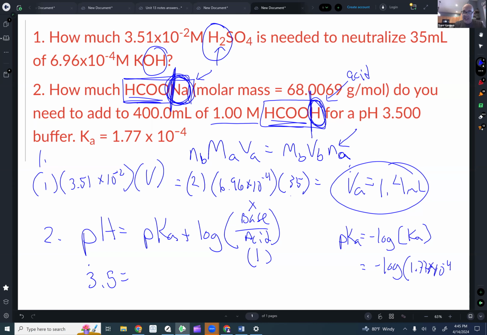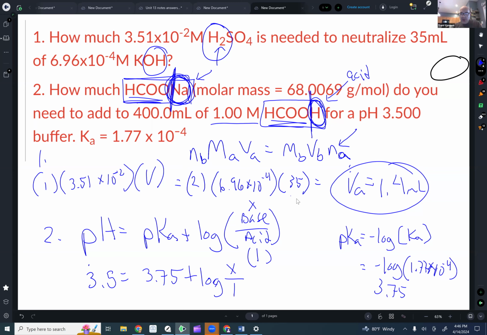And what you're going to get there is 3.75 as our pKa. And then we're going to take the log of this x over 1.